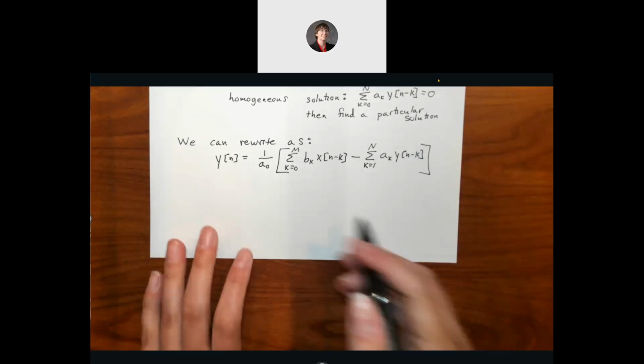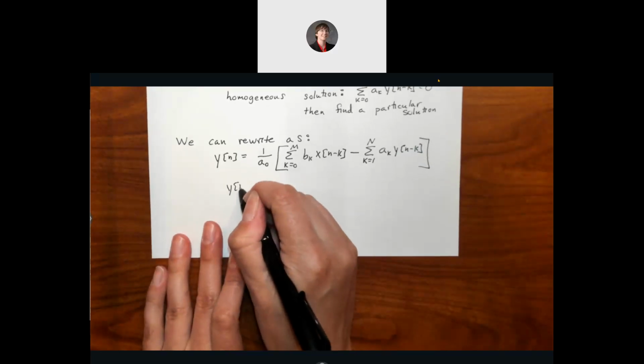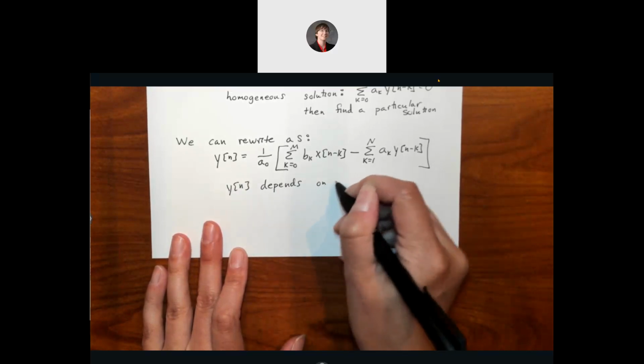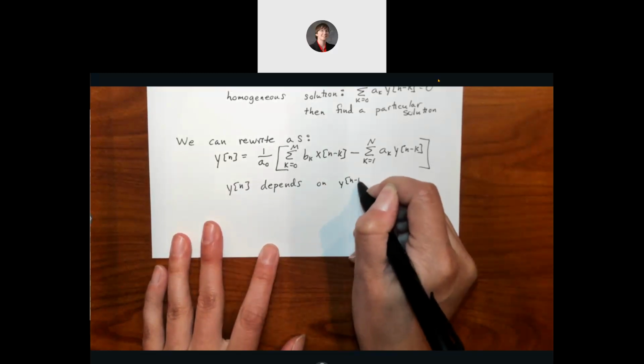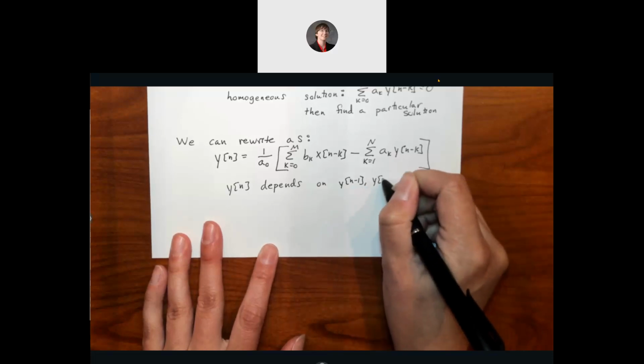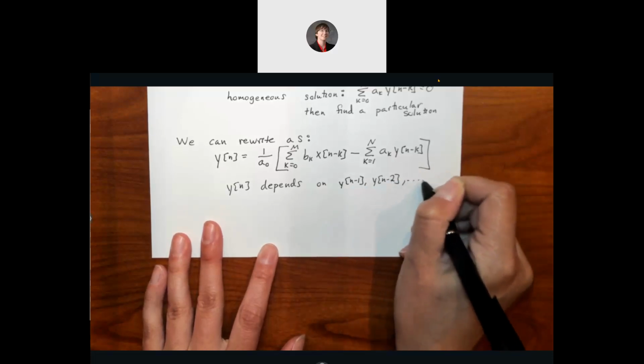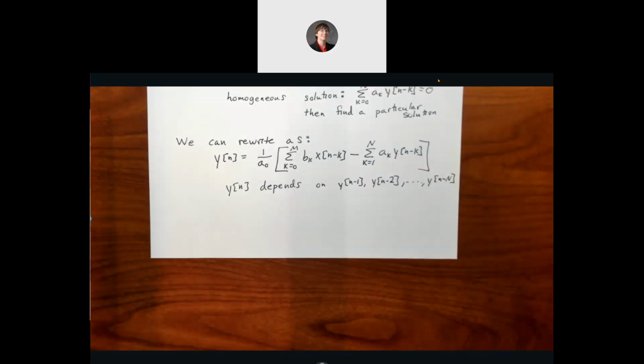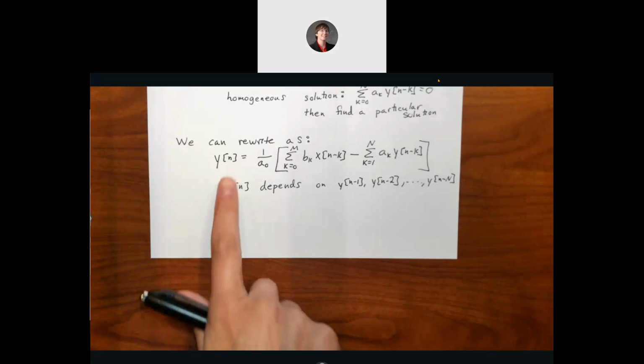And so what this means is that my y[n] depends on y[n-1], y[n-2], right? So on and so forth up to y[n-N]. Right, so all past outputs. So what that means is that I can actually solve these difference equations recursively.